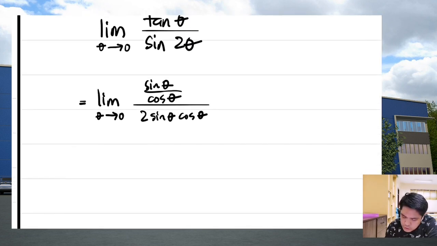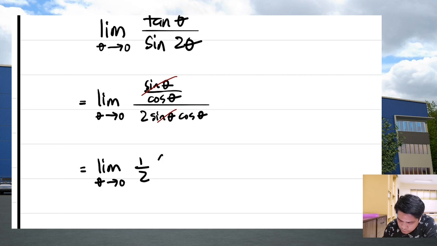So from here, we could cancel out sine theta. So our function now becomes the limit of 1/2 as theta approaches 0.